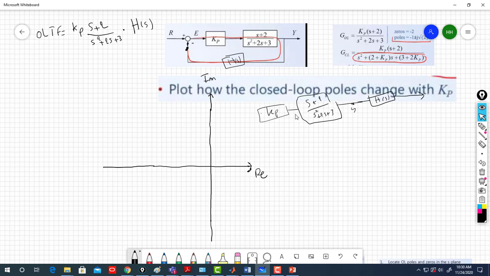Just open your system. So here is the error, and here is Y measured, after the sensor, YM. This is your open loop. Okay, so now we know the open loop.